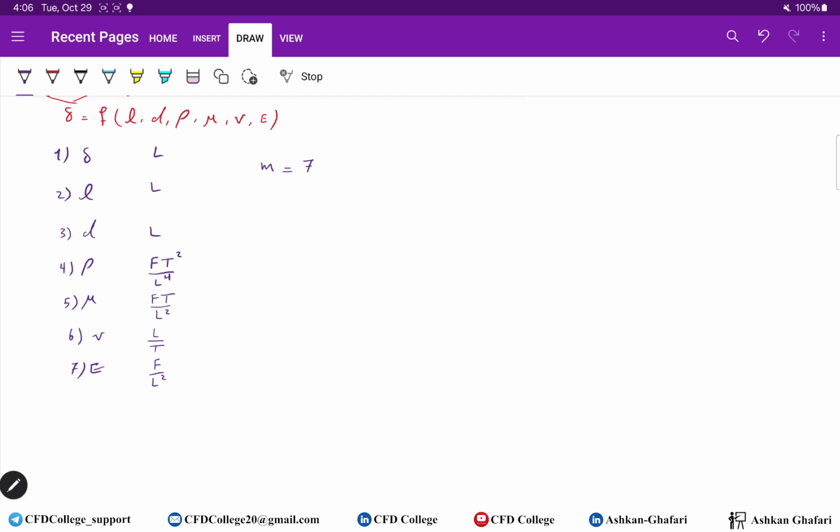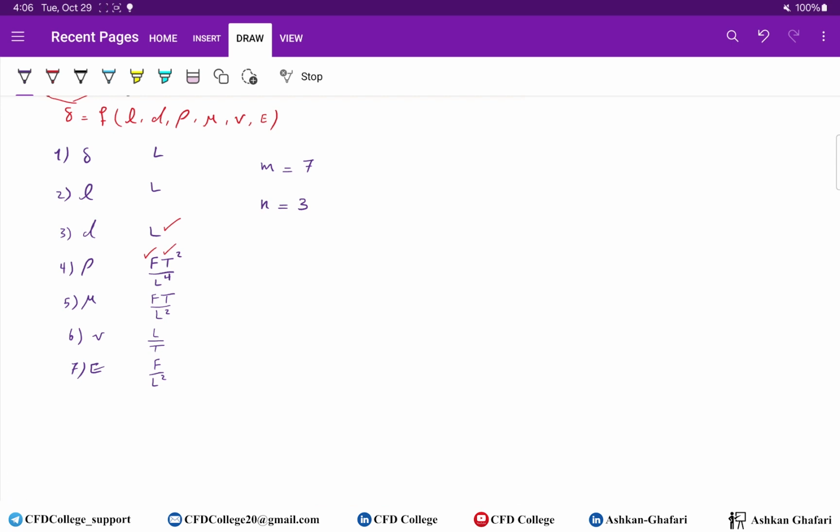Then you should look for different fundamental units that are available. So we have L, F, T. Okay, so we have 3 different fundamental units. So N is 3.